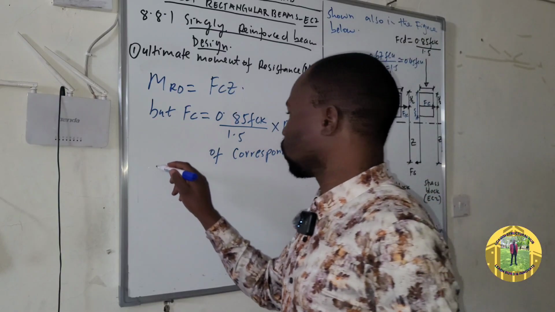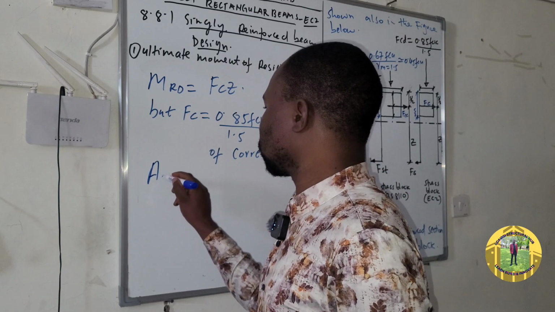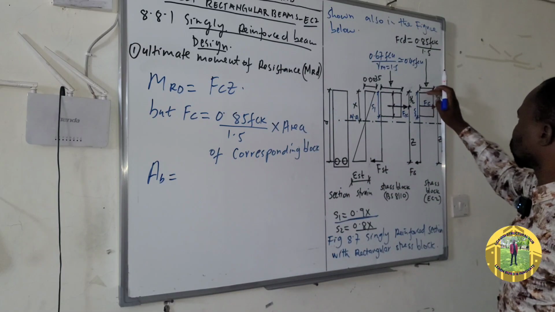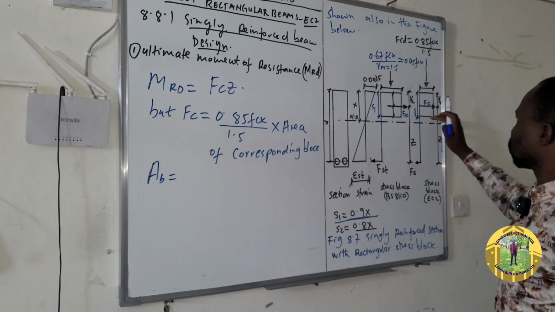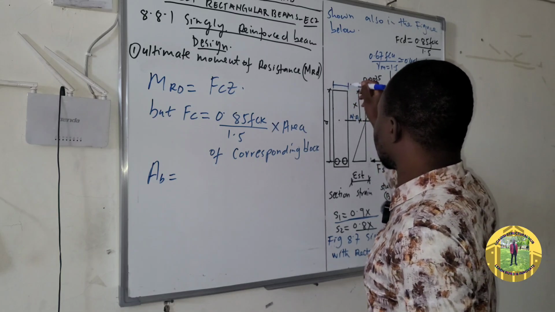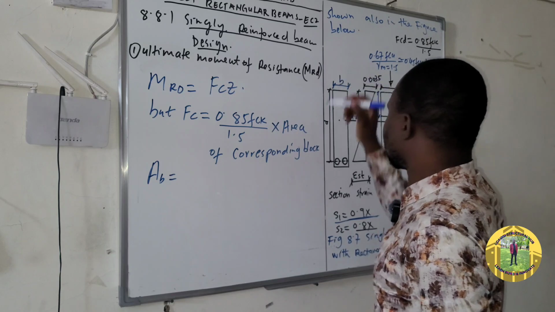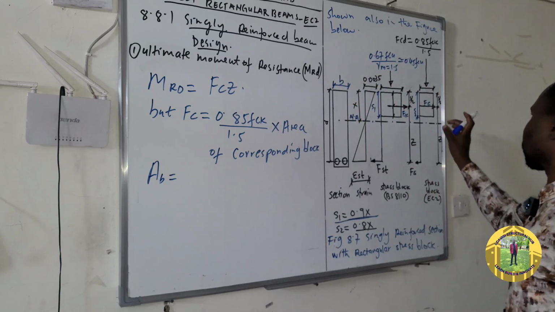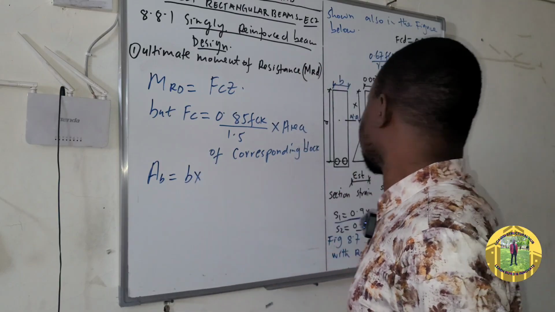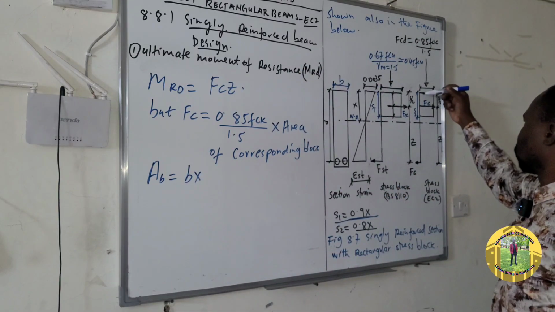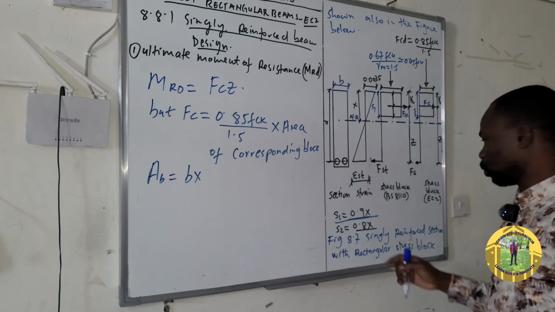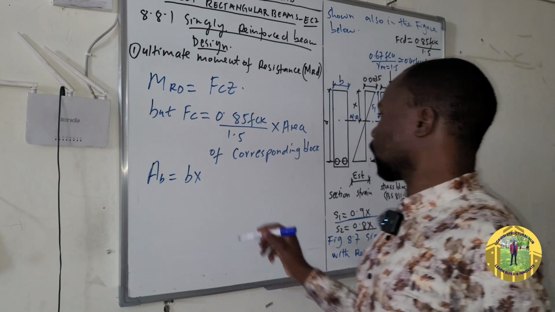So what is the area of the corresponding block? I'm talking about this block. Remember, this is B. So the area will be B times the height from here to here, which is S2. S2 is 0.8x.